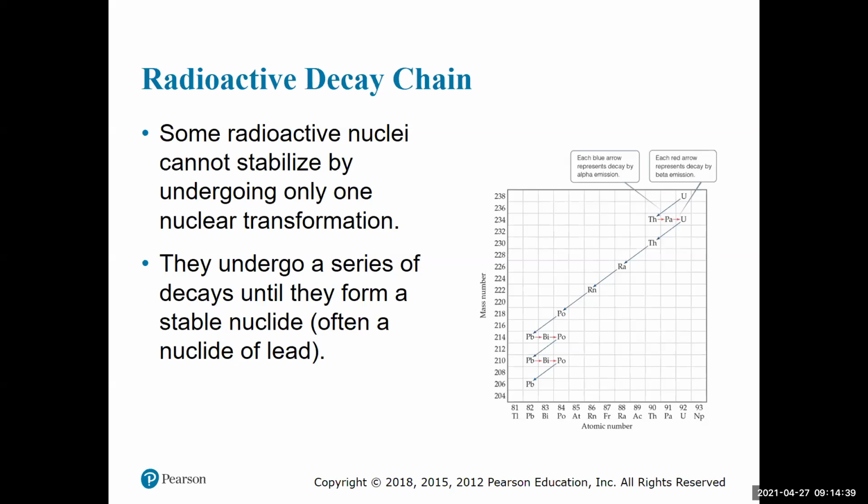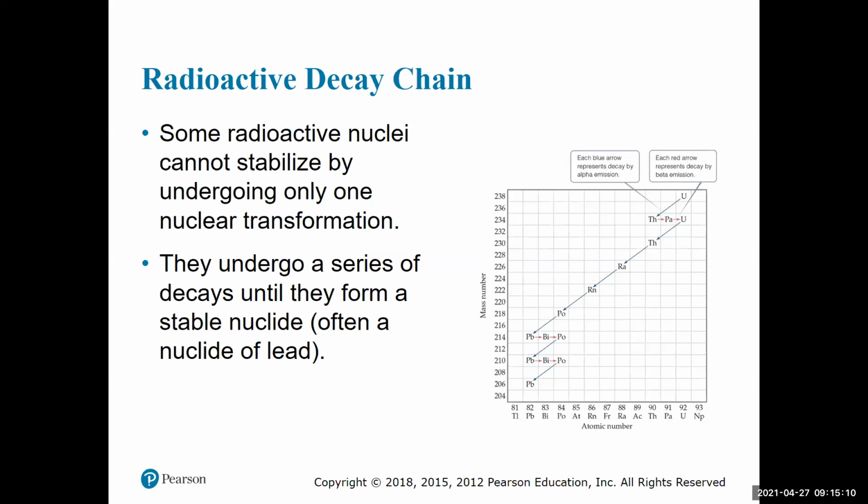Uranium is radioactive, and some of these radioactive nuclei have one nuclear transition, but they're still unstable, so they'll continue to have more. In this one, at the top, the red arrows are beta emission decay. So we have a couple of beta emission decays here.